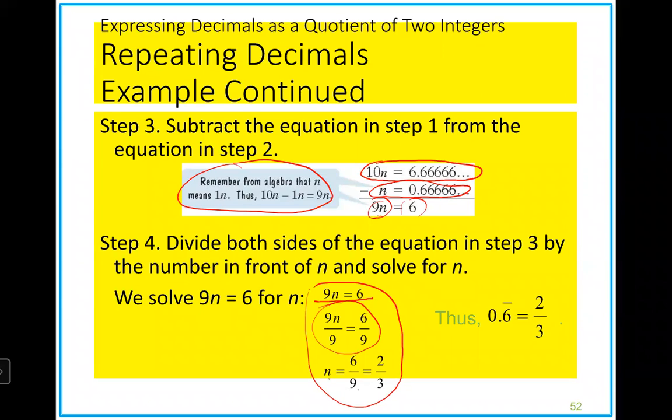N is equal to 6 over 9, and that 6 over 9 can be reduced to 2/3. So 2/3 is the result of changing 0.666 repeating into a fraction. And if you check on your calculator, you can divide 2 by 3 and you will get 0.666 repeating.